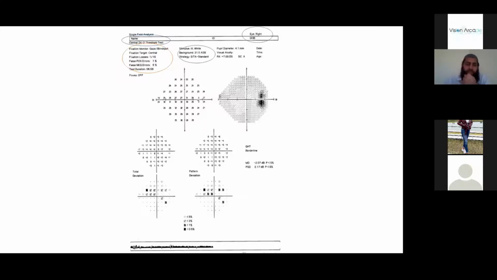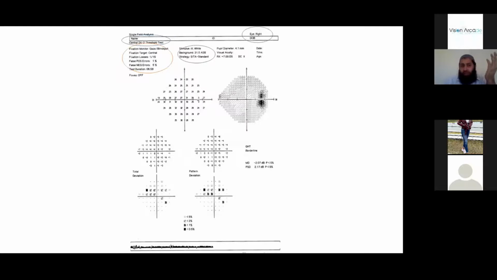So we'll have to repeat that test basically. And then false positive errors and false negative errors, again, the threshold or the cutoff point is 15%. If the patient's false negative errors are high, then that means the patient is probably getting tired and we will need to repeat the test later on.